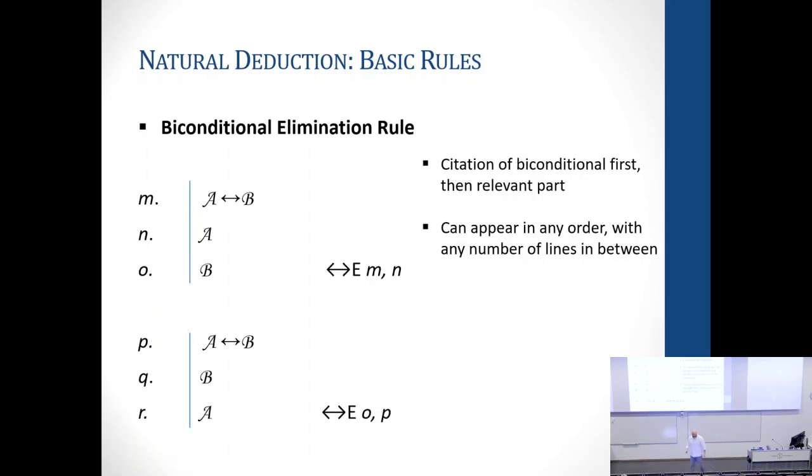The same thing with the elimination rule. The elimination rule works because the biconditional requires both sides to have the same truth value. So if you know that this side is true, the other side must also be true, and vice versa. Again, if you've got a grip on how these connectives work from back when we were doing truth tables, just think about how these rules are mapping those.